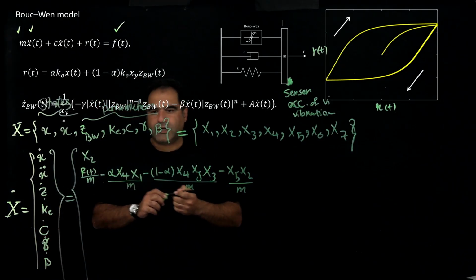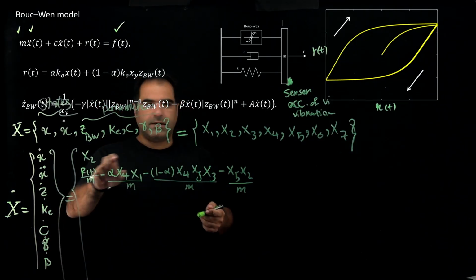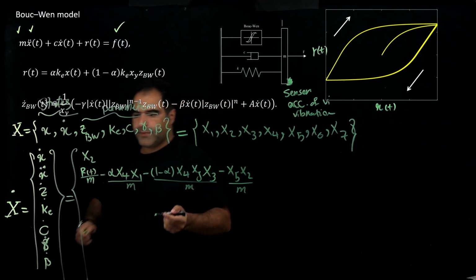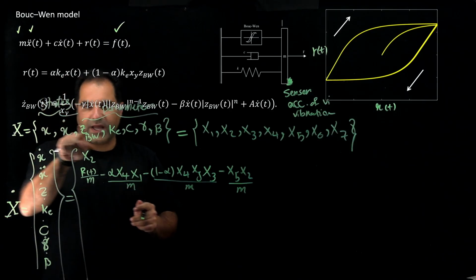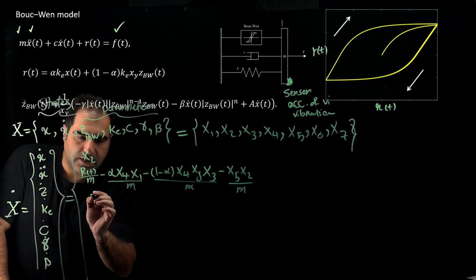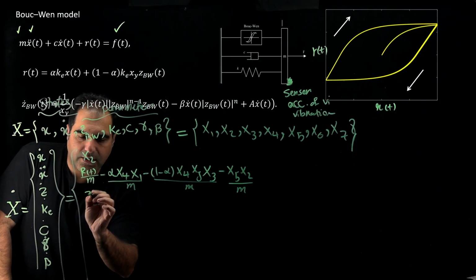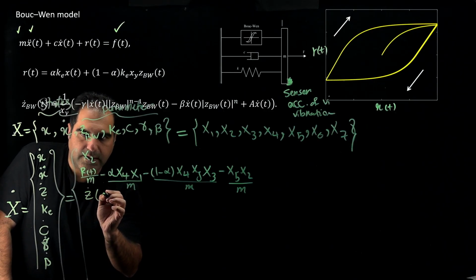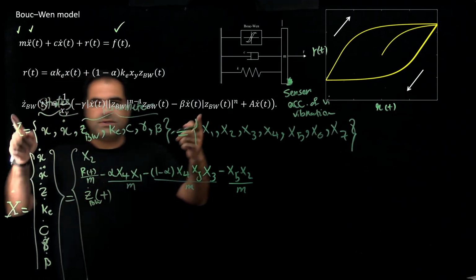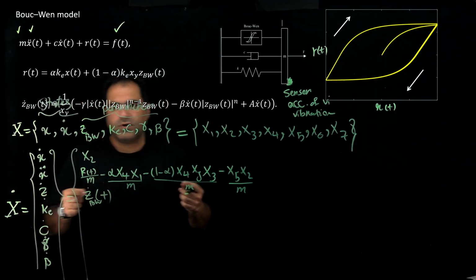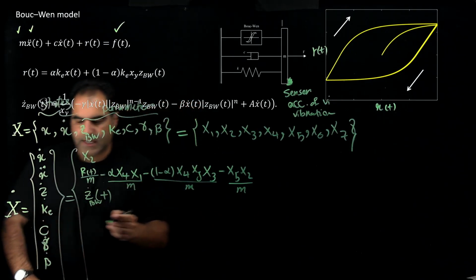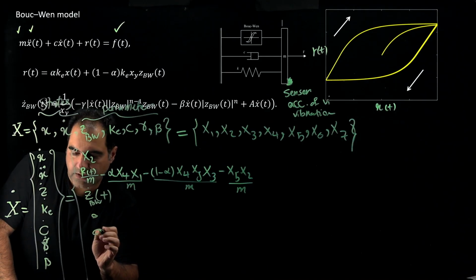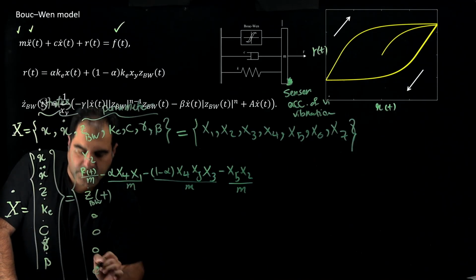Yes? Then what I did, I separated the x double dot and wrote it based on the state vector we have. And we write the same thing for z_BW. Then z dot BW, we have the expression here at the top. I don't want to write it here, but you can do it: what you have to do is just replace the parameters you are looking for with the state vector, and k dot will be 0, c dot is 0, gamma dot is 0, and beta dot is 0.